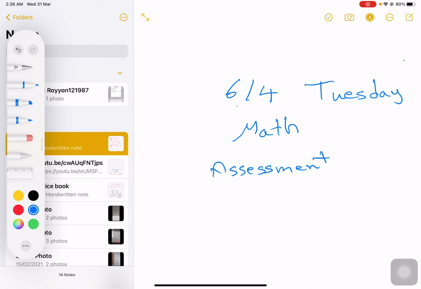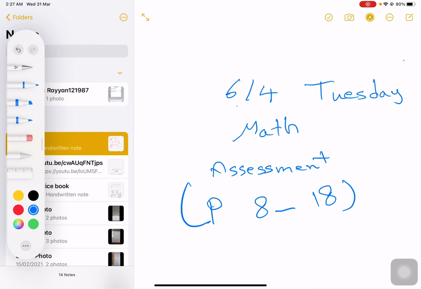In the second term. So الثلاثاء الجاي 6/4 حيكون عندكم الماث assessment. الماث assessment حيكون من page 8 لpage 18. Okay, only plus and minus, add and subtract. If you have the books, go back to your books, and it is addition and subtracting numbers with regroup or without regroup, 3-digit or 2-digit only.